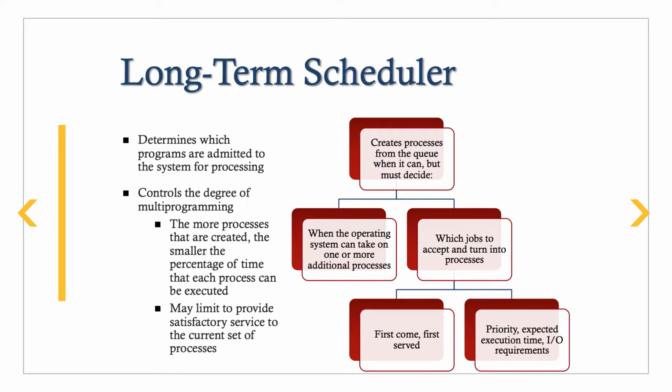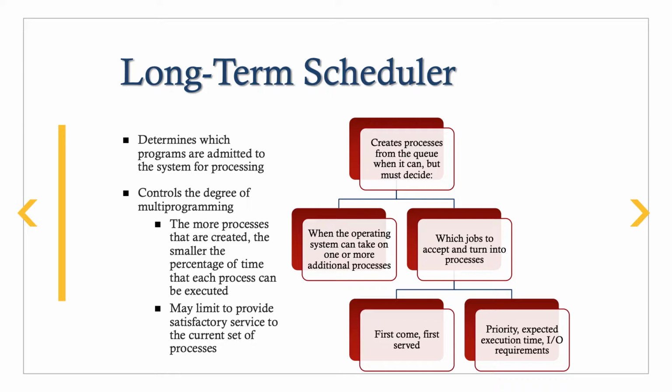Maybe we're maxed out on the number of processes that are able to run at a single time, so it's just going to have to keep a process in the new state and not actually put it in the queue yet. And then it also decides which jobs to accept and turn into processes. And that might be on a first-come, first-served basis, but there are other algorithms, and we'll be looking at different approaches that are mostly applied to short-term scheduling, but long-term can be kind of open for that too.